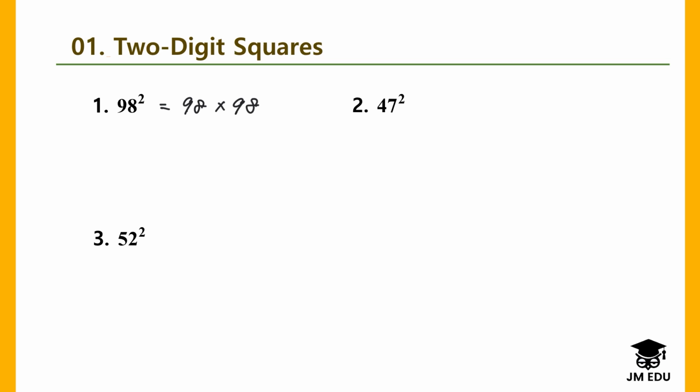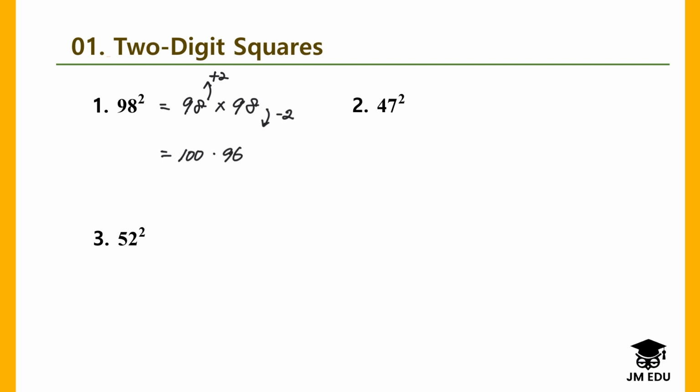What I'm going to do is add 2 to the first 98 to make this number 100. Then I have to subtract 2 from the second 98. So I'm going to add 2 here, subtract 2 here. So that's going to be equal to 100 times 98 minus 2, 96.